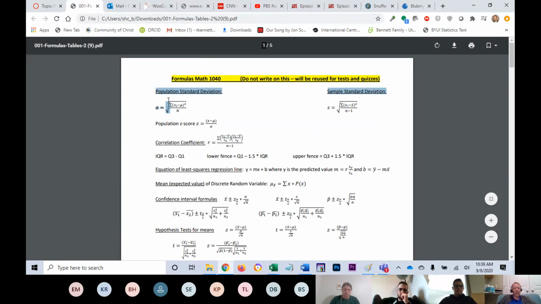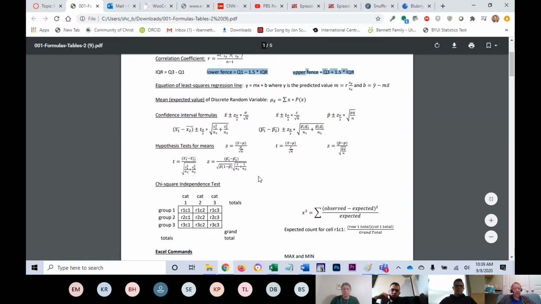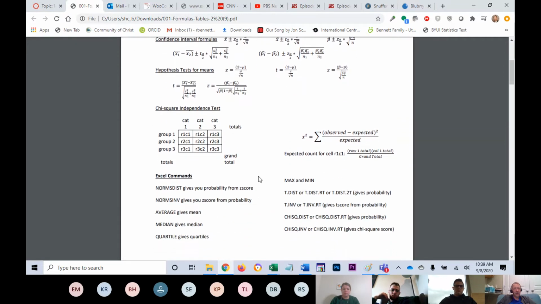So I've got the population standard deviation here. I've got the sample standard deviation here. So I'm going to give you these formulas, and you can use those. I've also got the interquartile range here. You got your fences here. We've got a bunch of other formulas on here that we'll talk about later.